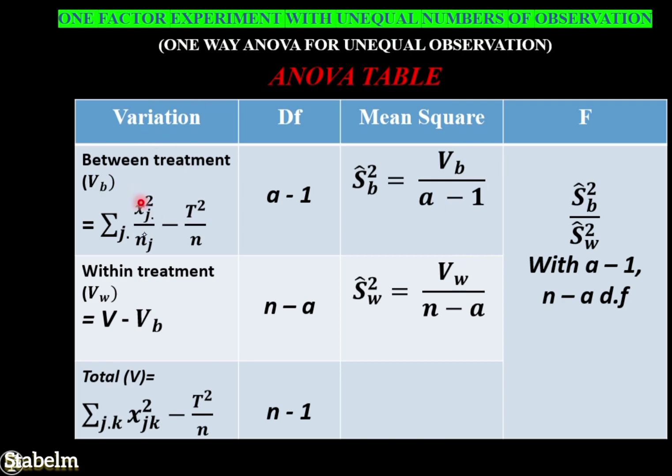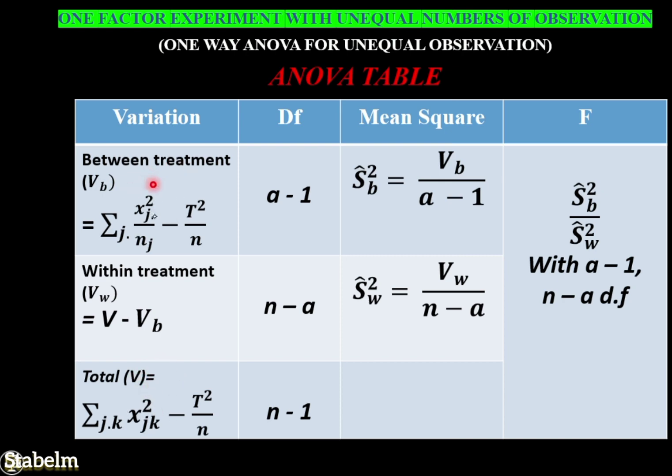So the first here we have variation between treatments, or say between treatment variation, and this is the formula we are going to use to get the variation between treatment. Followed by variation within treatment, and this is gotten when we subtract the variation between treatment from the total variation.